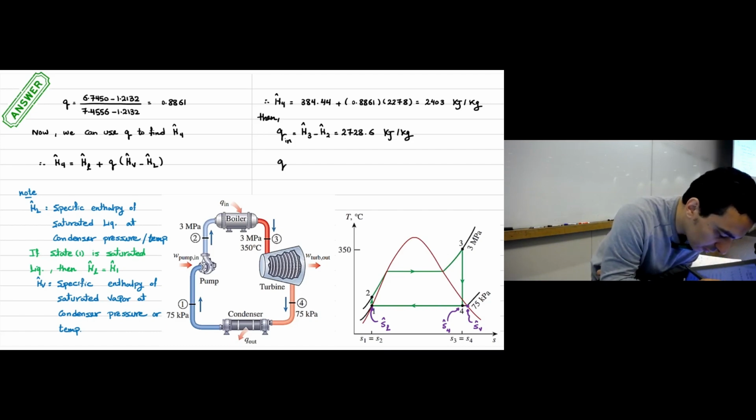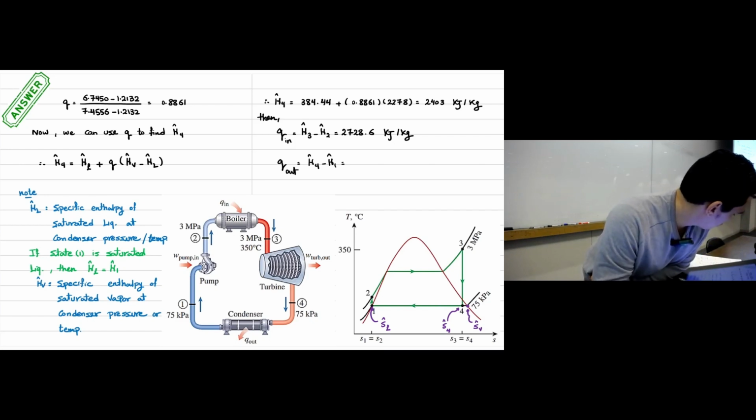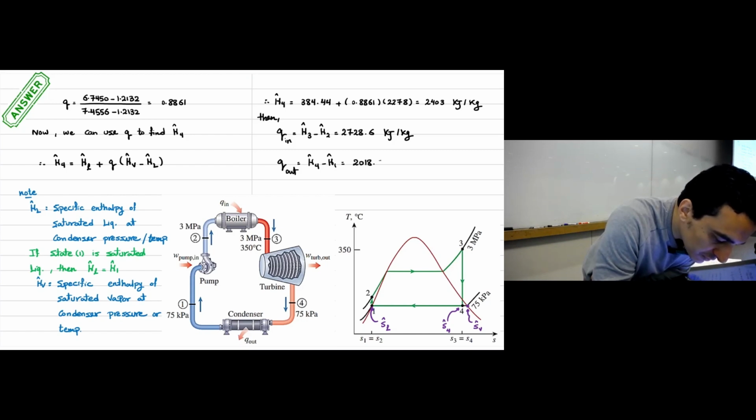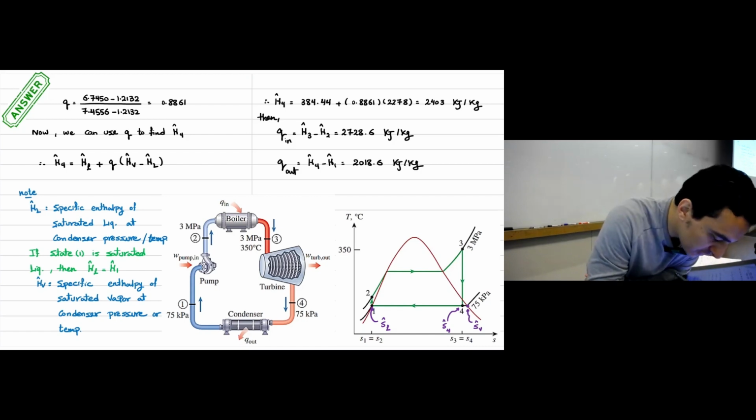Then you can find Q out, which is H4 minus H1. So H4 minus H1, this will be 2018.6 kilojoule per kilogram.